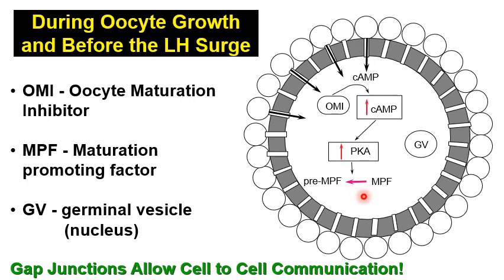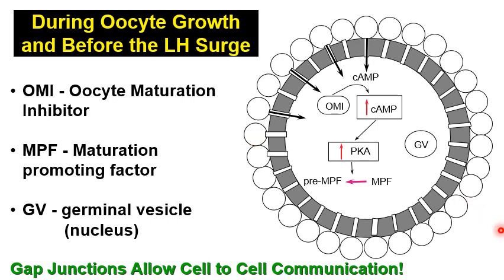So the MPF is important because it will promote the metaphase. And when we inhibit MPF, the promotion of the stage towards the metaphase will also be inhibited. So the OMI is again the oocyte maturation inhibitor, and from the name itself, it is an inhibitory factor.